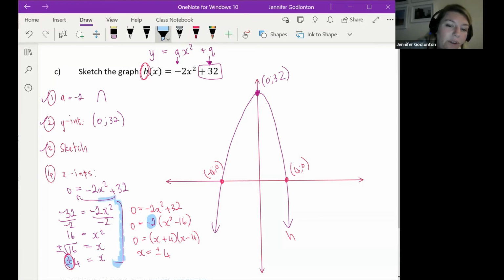So we've moved the 32 to the other side. Then we divided both by -2. So we got x squared equals 16. And then when we square rooted 16, we have plus or minus 4. Okay, so thank you. Maybe try this blue method when we try our next one. Okay, ma'am.